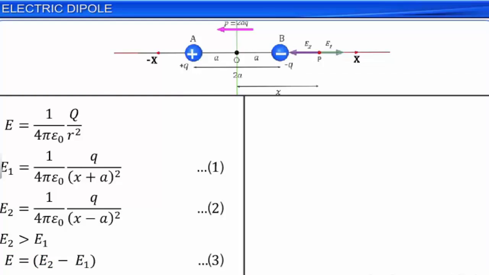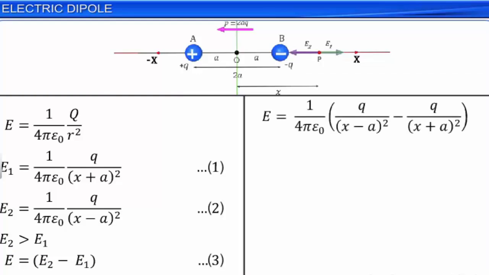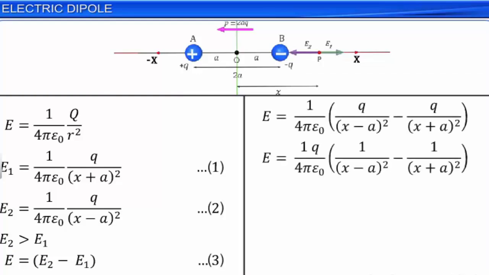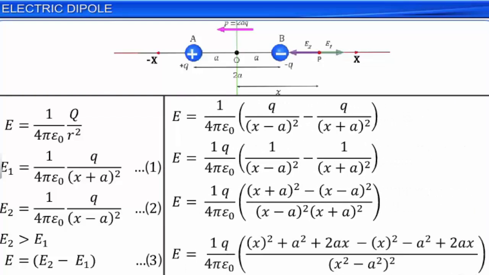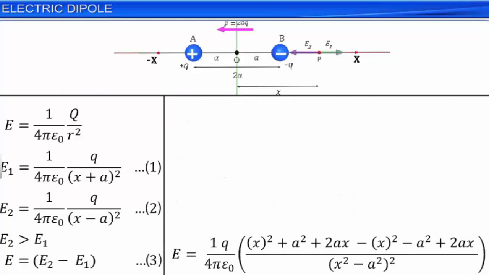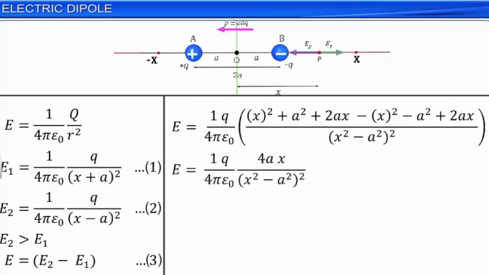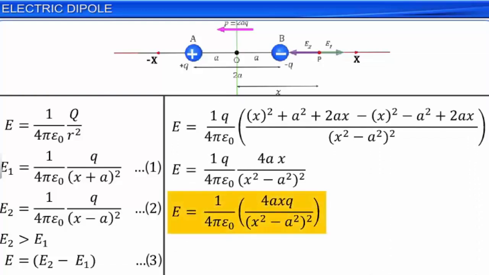Substituting the values of E2 and E1 and simplifying, we get the expression for the electric field strength E is equal to 1 by 4 pi epsilon naught 4aQx by (x square minus a square) whole square. Let this be equation 4.